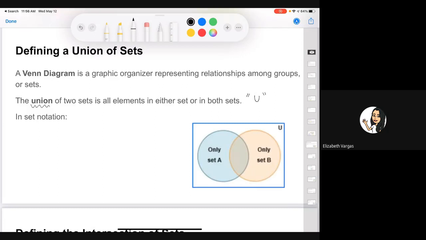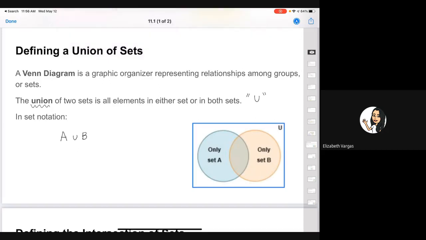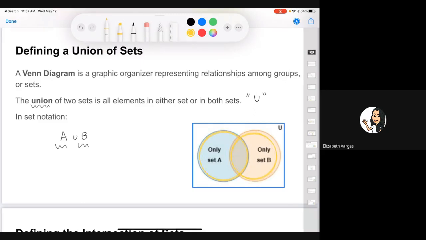So if I wanted to find the union of A union B, what that union tells me is it's everything in the set, including everything in A and everything in B. So this shaded region would represent that union between A and B. If I have a union, all the elements of either set or both sets will be included. So that whole shaded part.